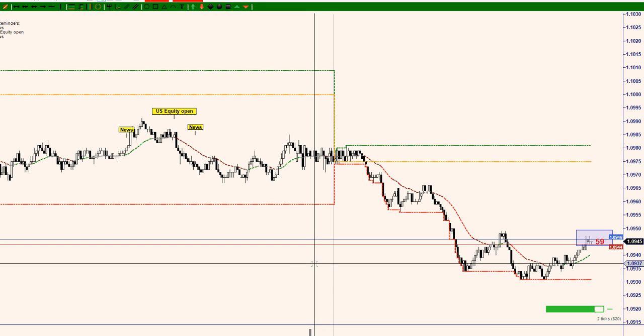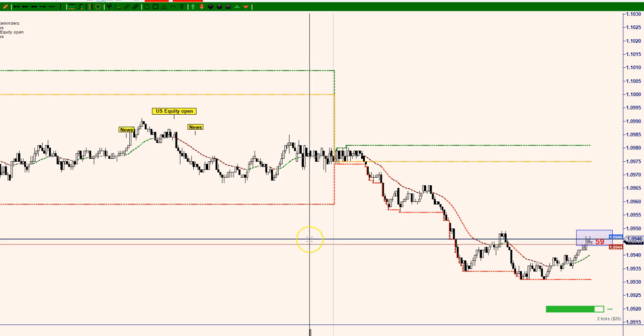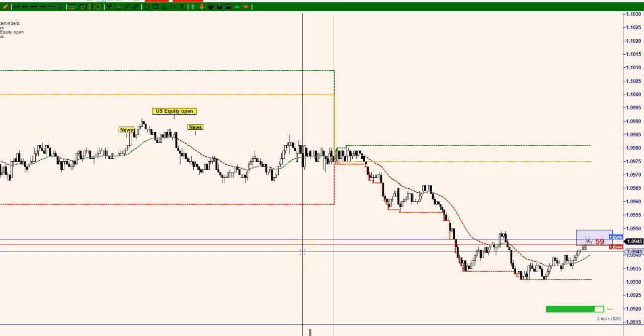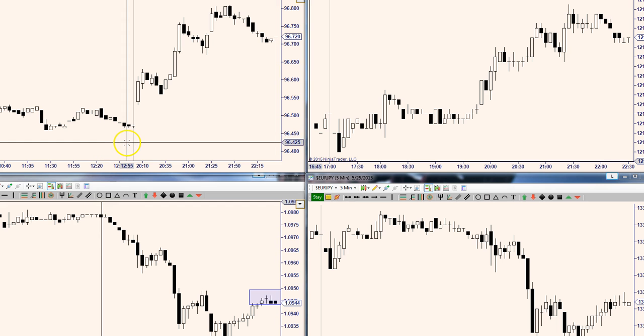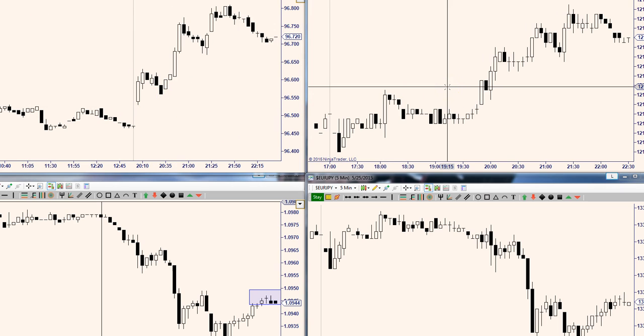But before I do, I want to kind of cover all the bases to make sure I'm not missing anything. So I'm going to glance at a couple other charts to see just exactly what's going on and make sure that I have enough room for my trade to work out. All right, so what I'm looking at here, this is the dollar index right here, and next to it is the dollar yen.